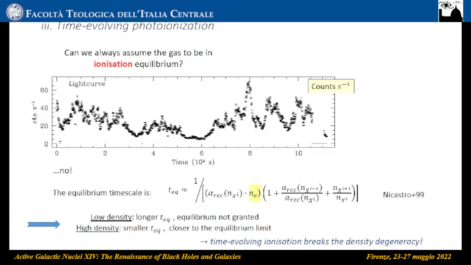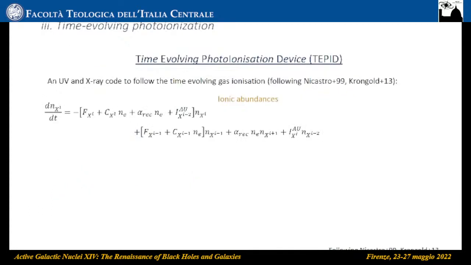And this is, in the end, what allows you to break the density-location degeneracy and to probe the gas density. So for this purpose, we are building a time-evolving photoionization code which performs gas ionization integration over time, and at the end also produces absorption spectra to be compared with observation.